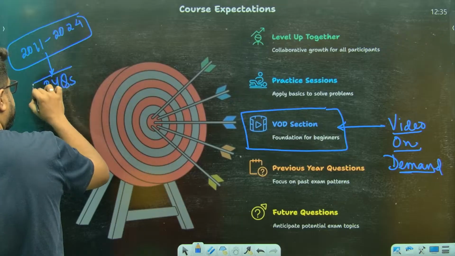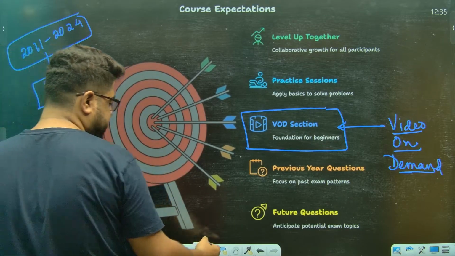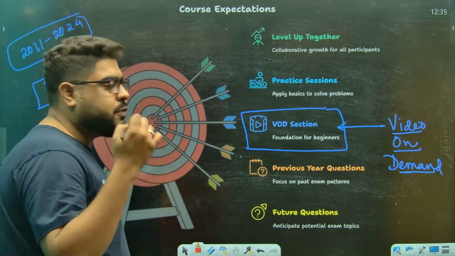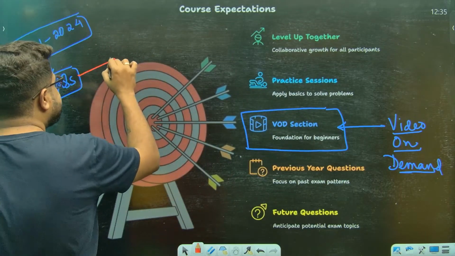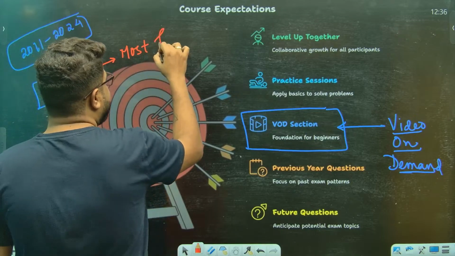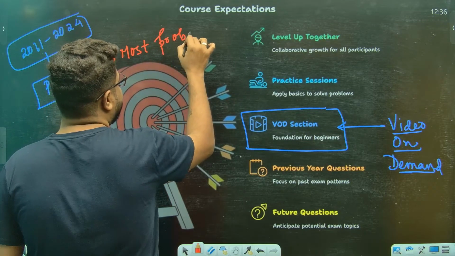We'll solve direct PYQs in these practice sessions. But again, we don't have that many PYQs, so based on these PYQs, we will take some most probable questions as well.